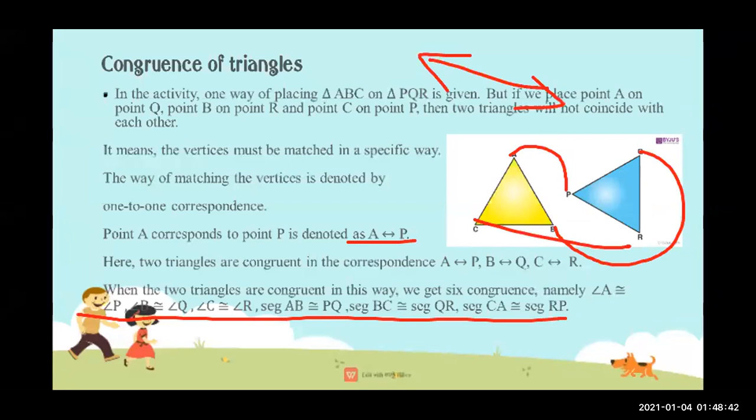That is, angle A is congruent to angle P, angle B is congruent to angle Q, and angle C is congruent to angle R. Segment AB is congruent to segment PQ. Segment BC is congruent to segment QR, and segment CA is congruent to segment RP.